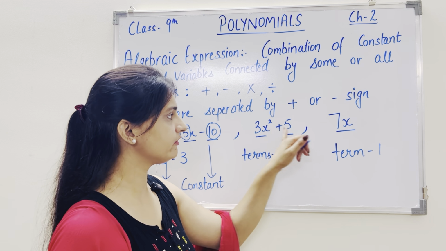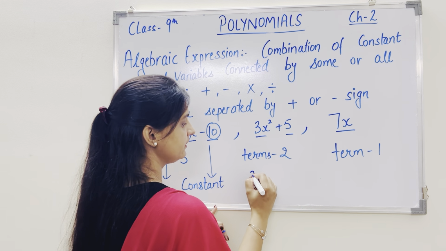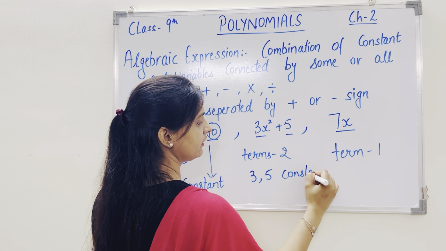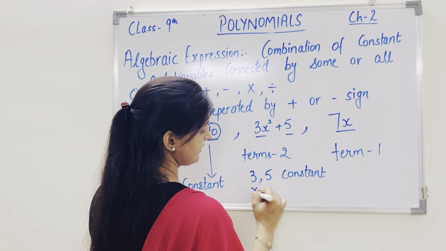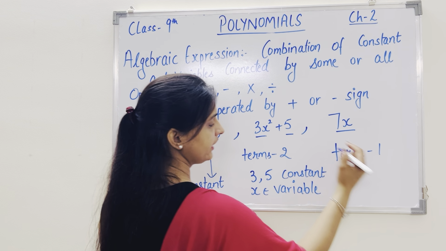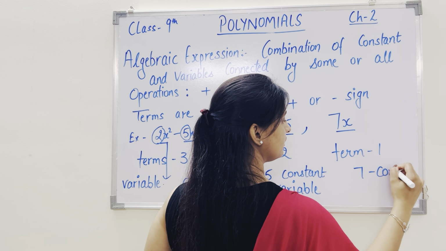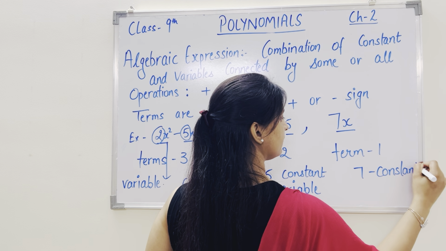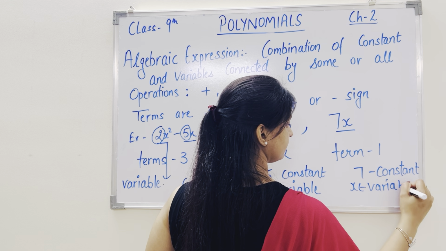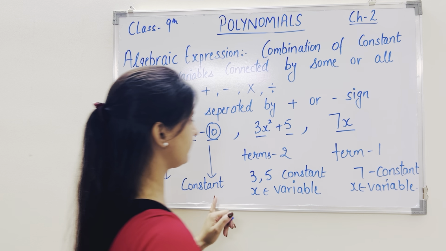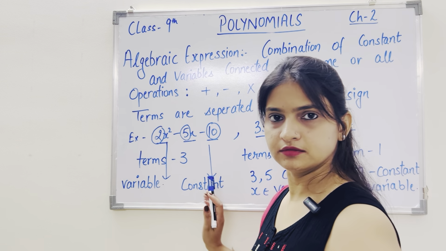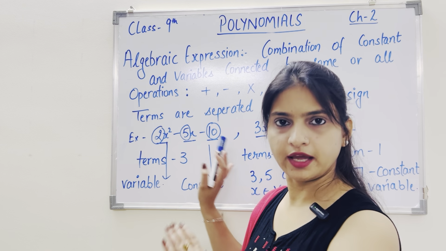Likewise, 3 and 5 are the constants here and x is the variable. Likewise, 7 is the constant here and x is the variable. Okay, understood about variables and constants in these algebraic expressions.